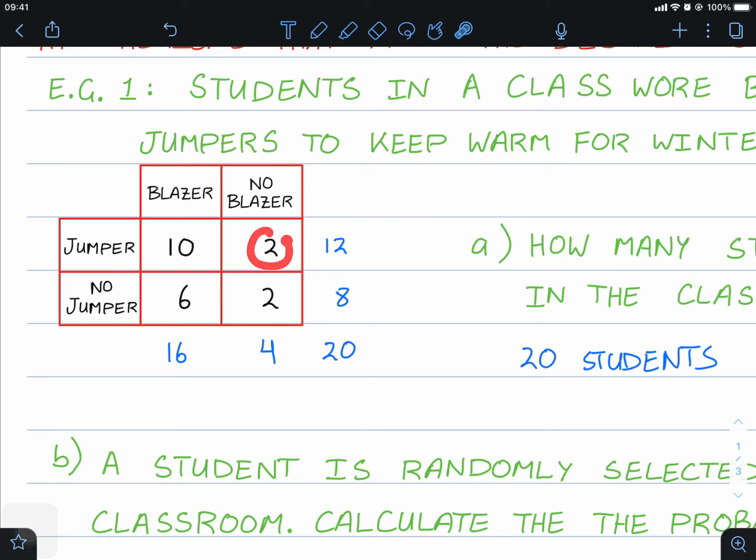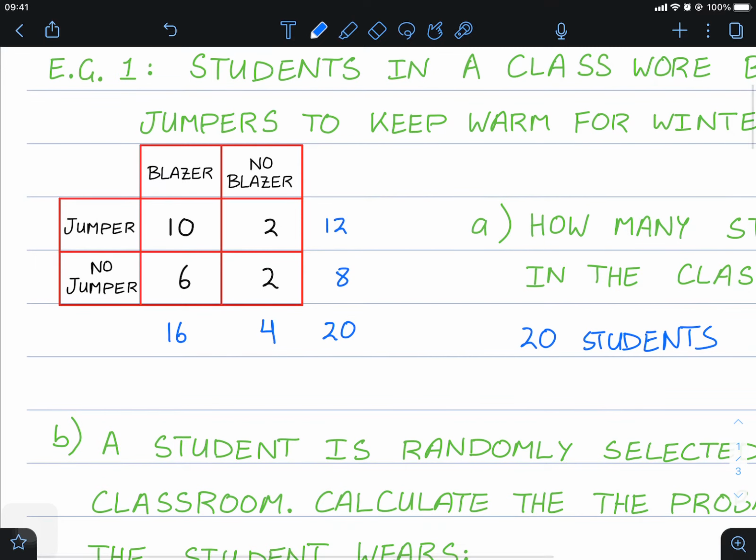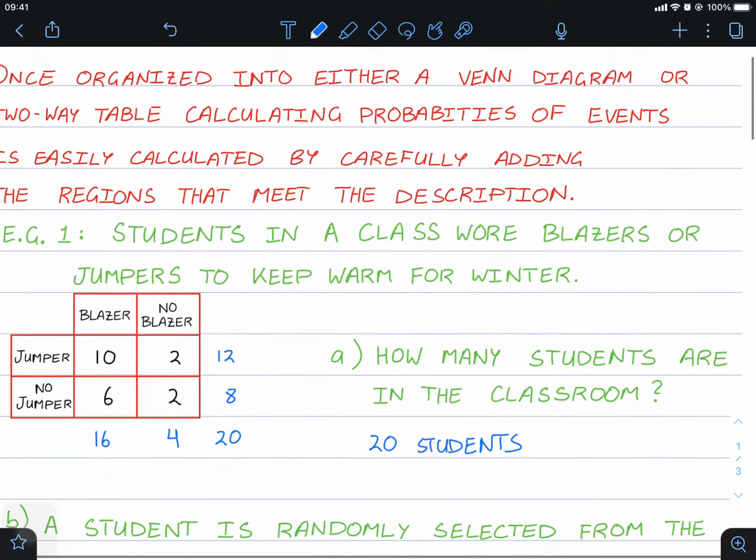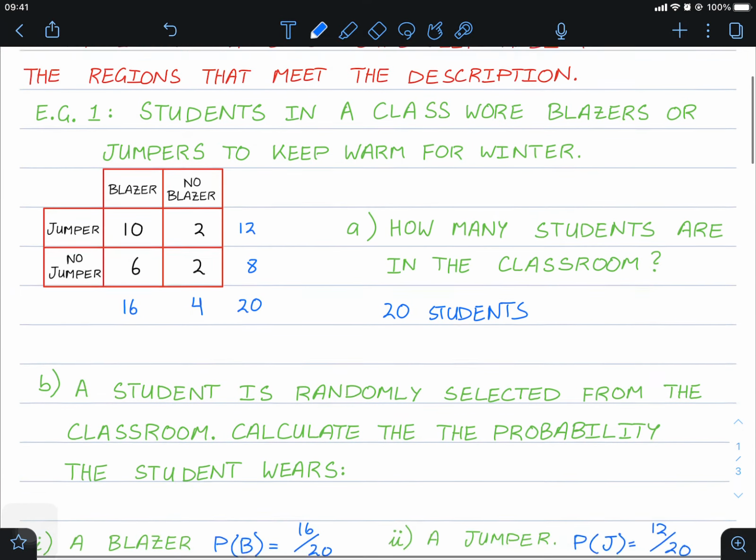So these 2 people wear a jumper and these 6 people wear a blazer. So these 2 are a jumper or a blazer. But this one here, these 10 people wear a blazer or a jumper. In fact, these 10 people wear both. If we were to be an inclusive or, we were to include this one. Now, later on, I'll clarify that a little bit more.